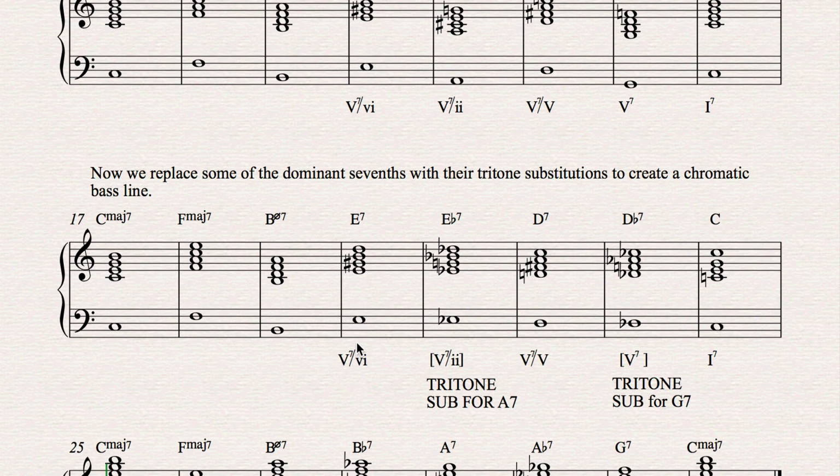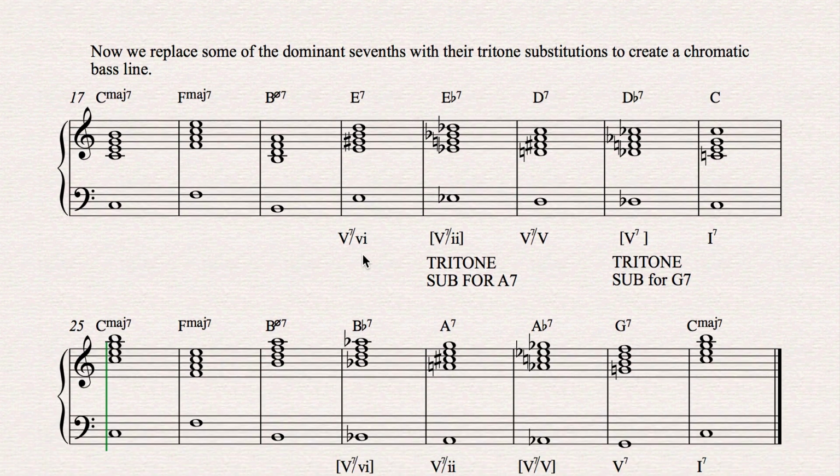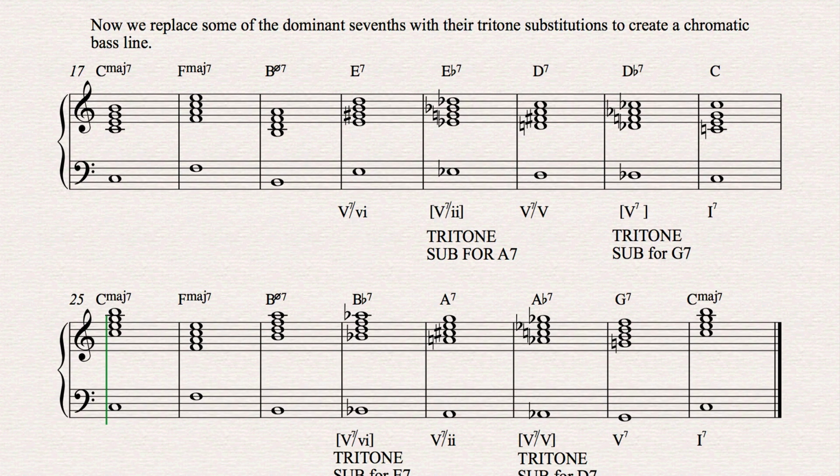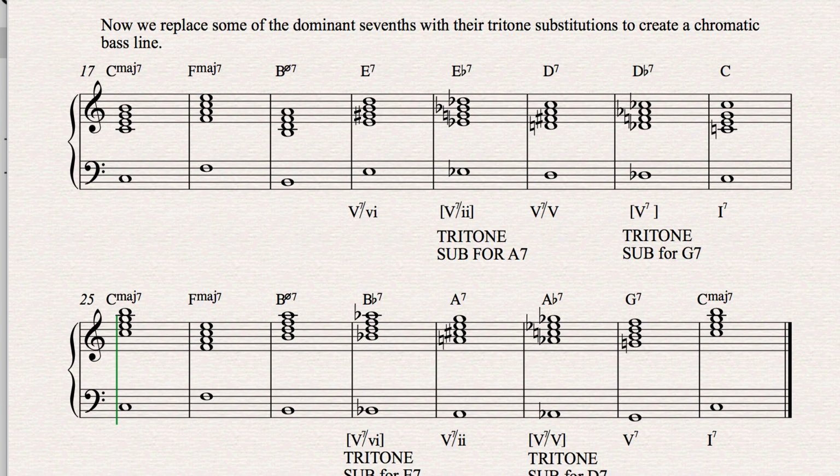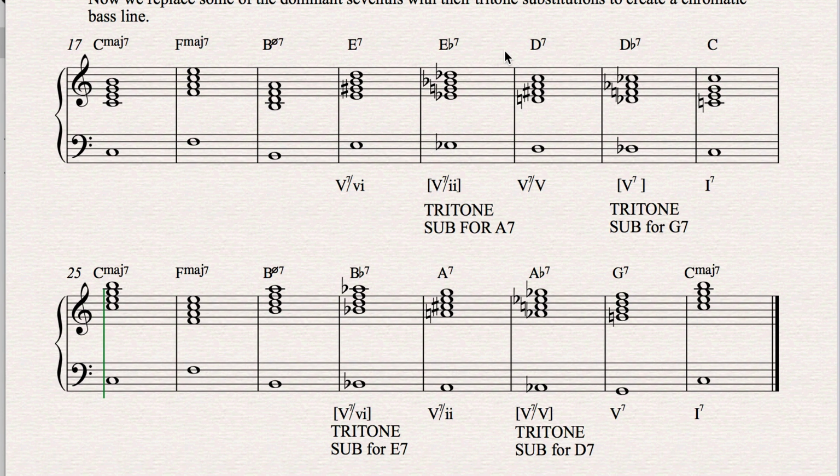Basically, any of these chords could have a tritone sub on them. If you did them all, though, they would have a similarly jumpy bass line. But if you decided to, instead of substituting this chord and this chord, you did this one and this one, you would get this. There we go.